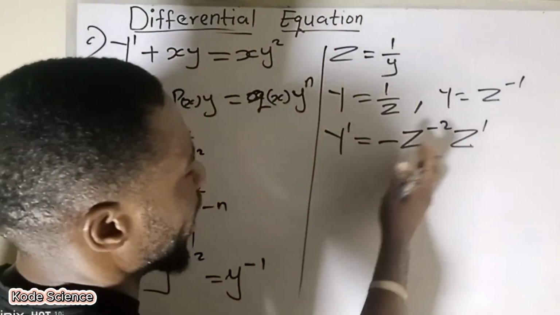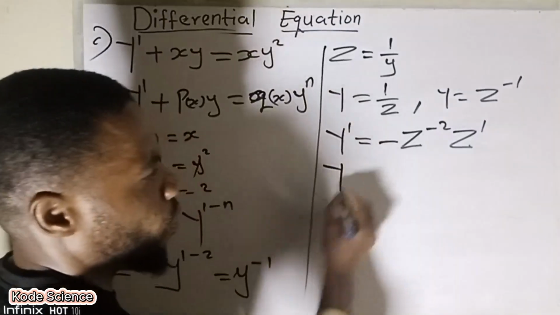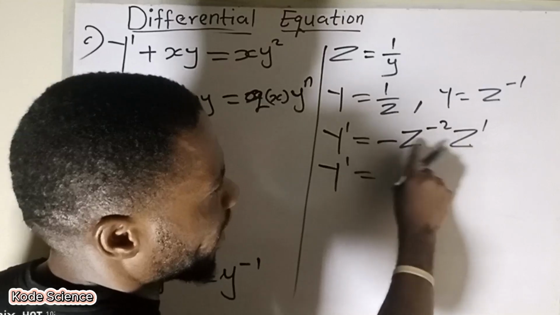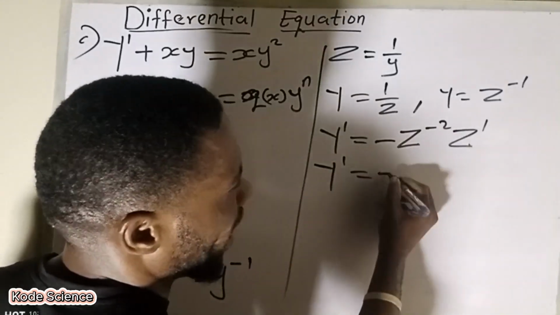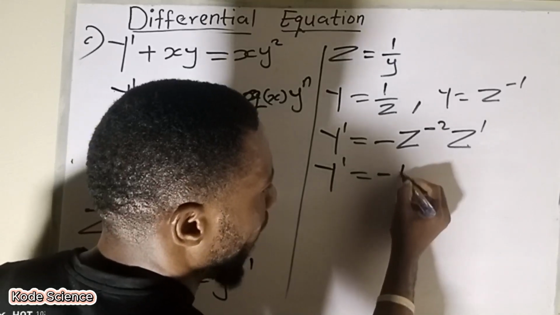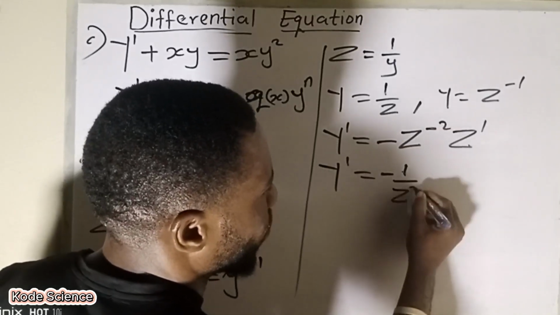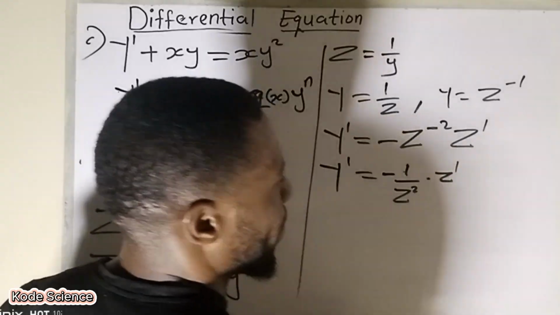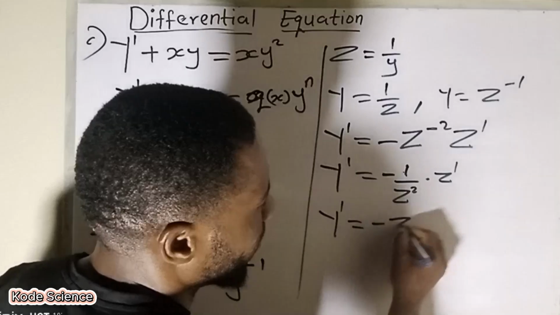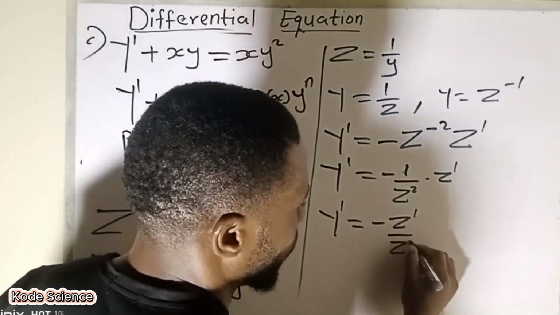Now you agree with me that y prime is equal to negative, and this minus power is the same as 1 over z squared, multiplied by z prime. So here we have y prime is equal to negative z prime over z squared.